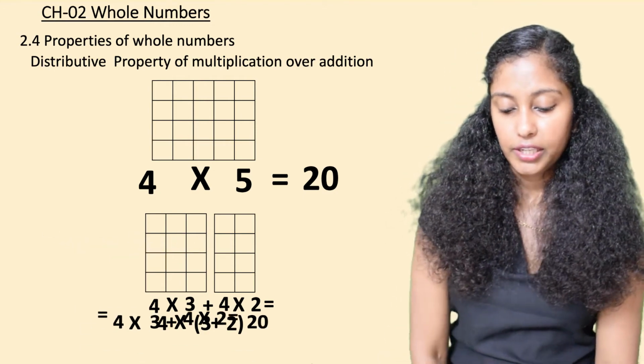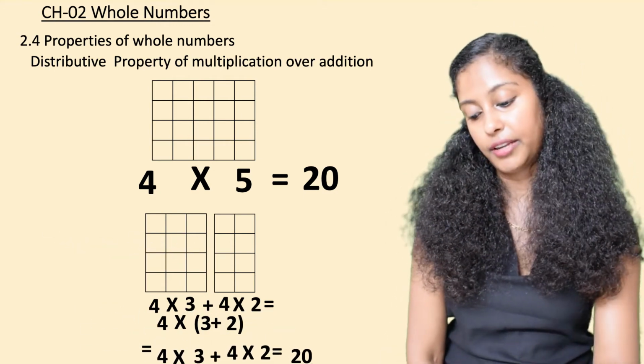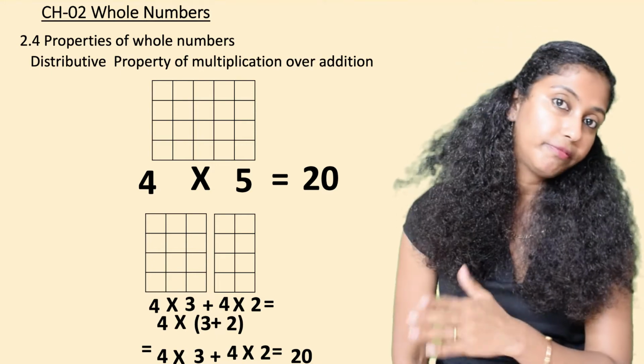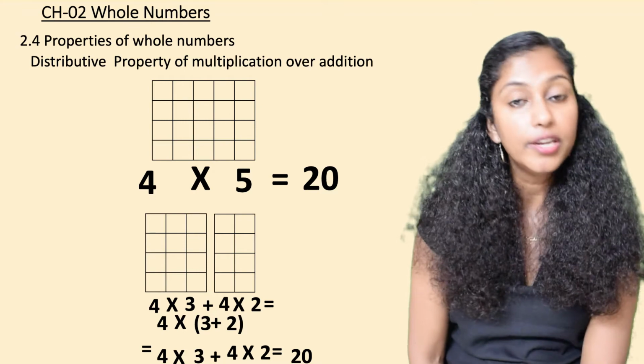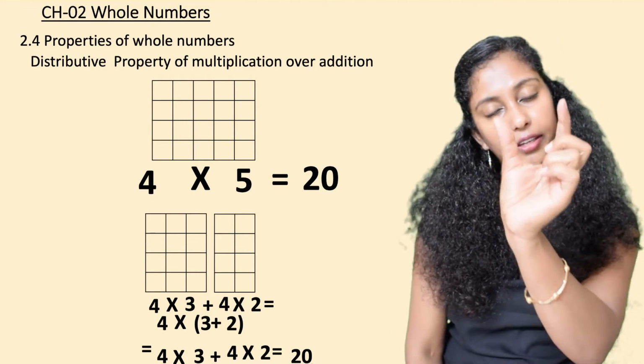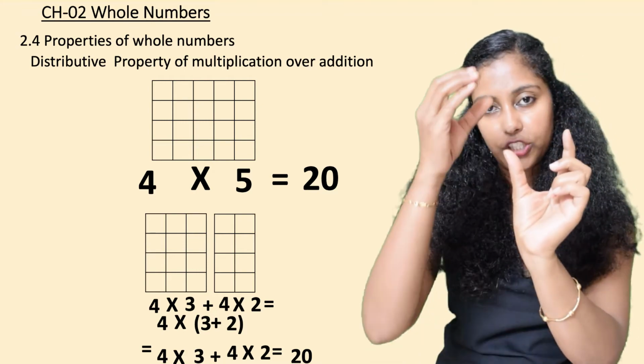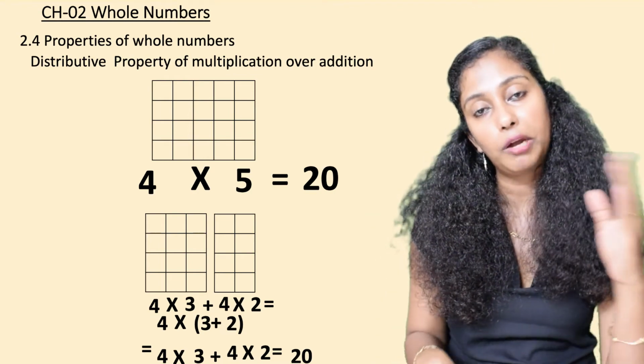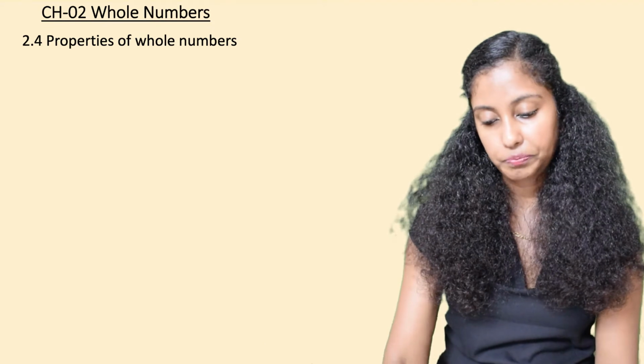And then when we solve, we get the answer again as 20. This is called the distributive property of multiplication over addition, where inside the bracket they give 2 numbers which are added, which can be split, which can be distributed and given to the number which is given out.